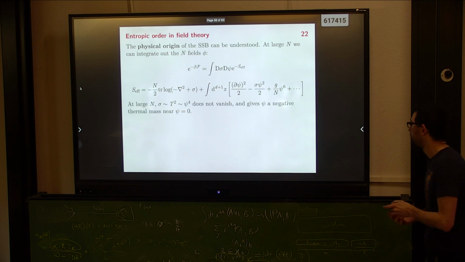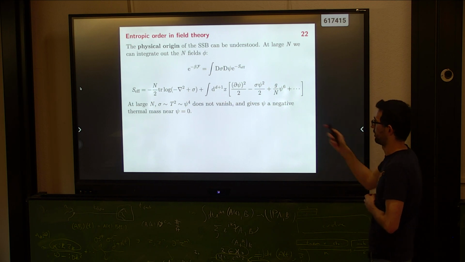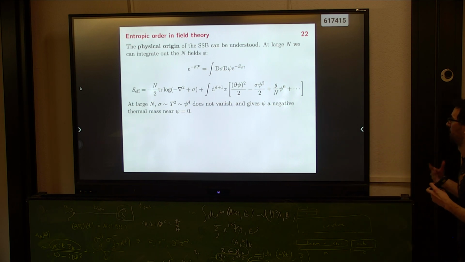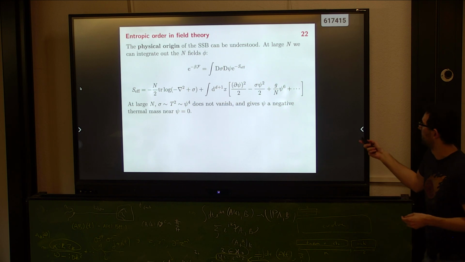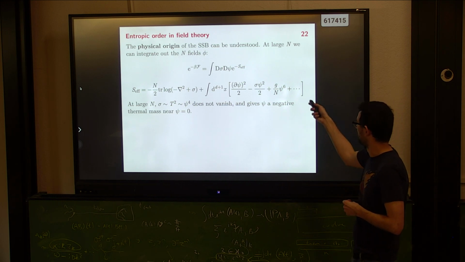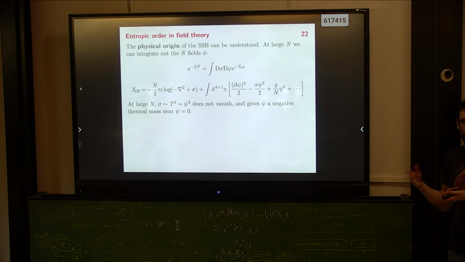And what you find in this song and dance is that from this first term, sigma, the relevant operator in our field theory, picks up an expectation value, which is of order temperature squared. And the dominant psi squared term here comes with that minus sign. So this is why we're getting a negative mass.